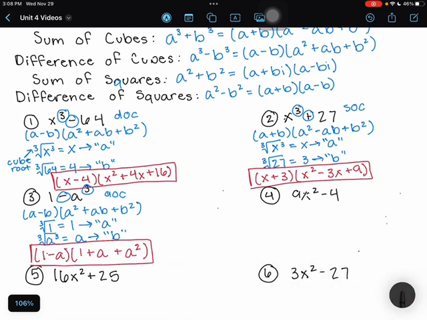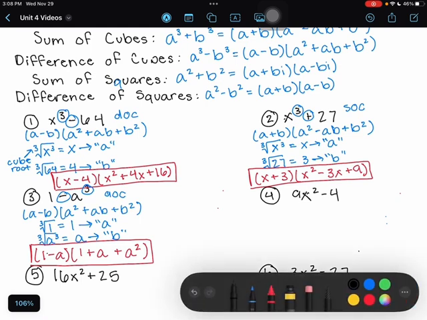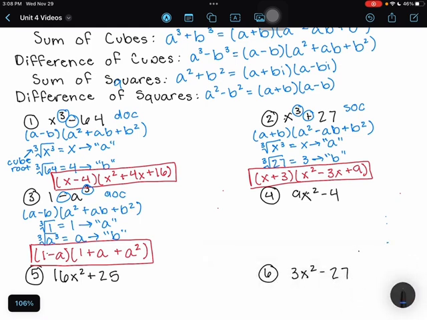Okay. And then moving on to number 4, here I see a square and I see a minus, so I want to use the difference of squares equation. We're still going to follow the same pattern. I've just identified a different equation to use. So I have a minus b times a plus b. Now I'm going to identify the a and the b term.